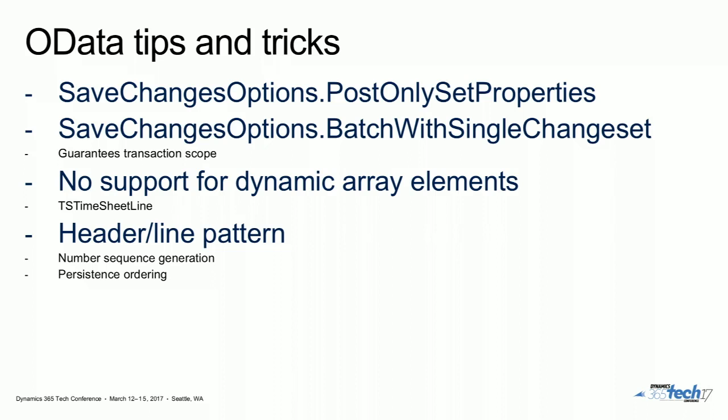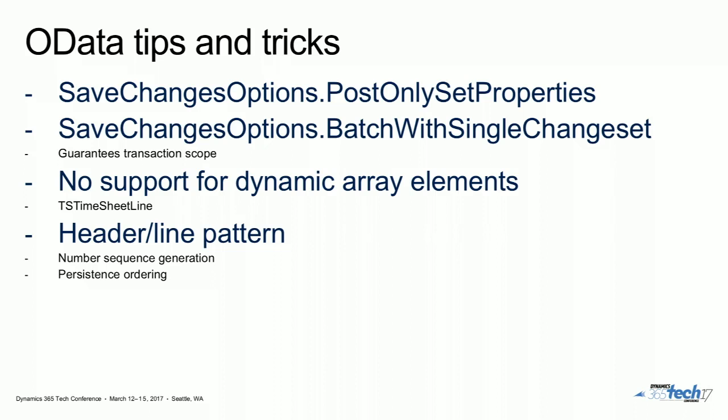And the last step here is the header line pattern. So typically, if you're talking about any header and line, you would see that usually the header number sequence is created by operations, and you would want operations to create the number sequence.